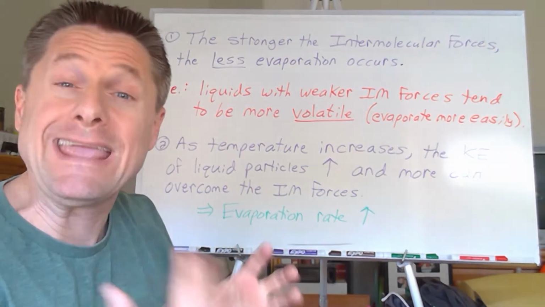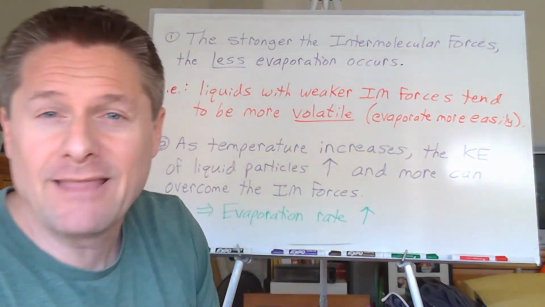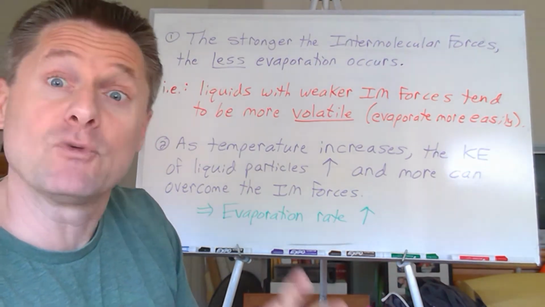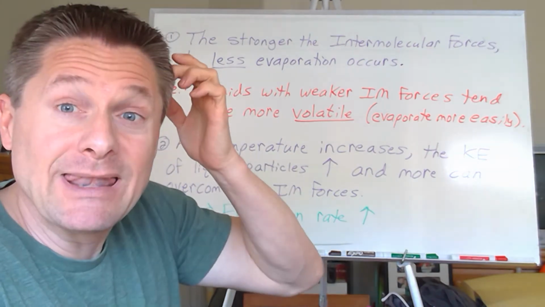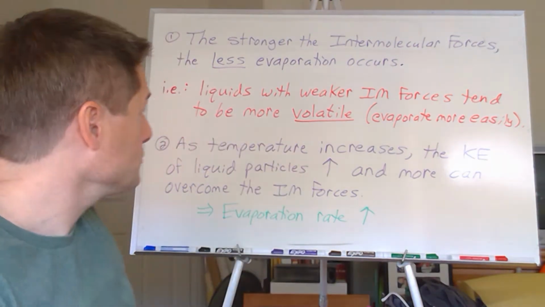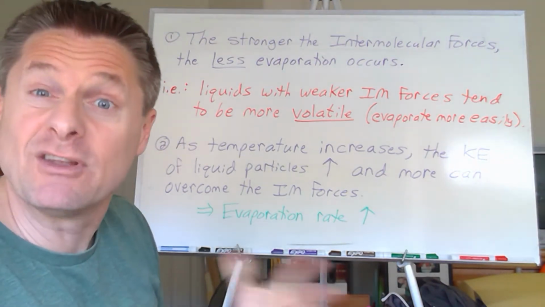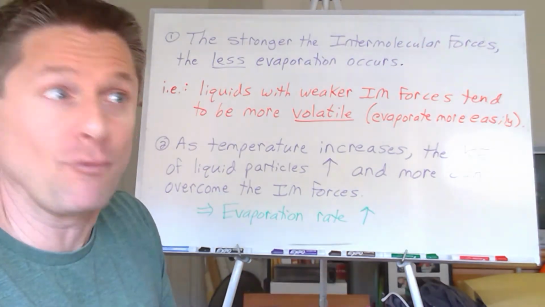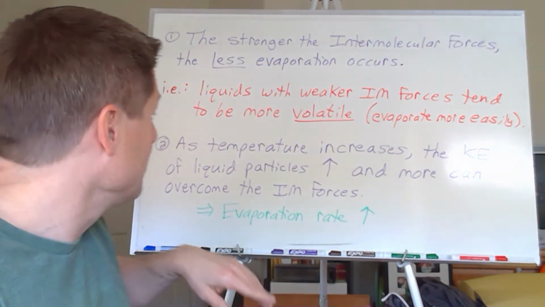So liquids with weak intermolecular forces tend to be more volatile, which means they evaporate more readily or more easily. So something with strong intermolecular forces, right, will be less volatile. Pretty simple. You'll see that term a lot in organic chemistry. Is that a volatile liquid or not? Or non-volatile, right? Really strong intermolecular forces, it could be non-volatile. Hardly any particles get in the gas phase.